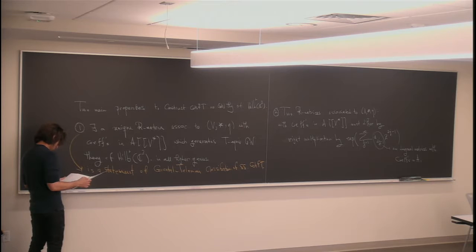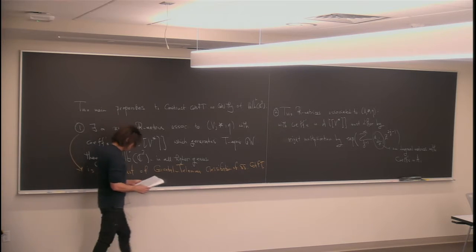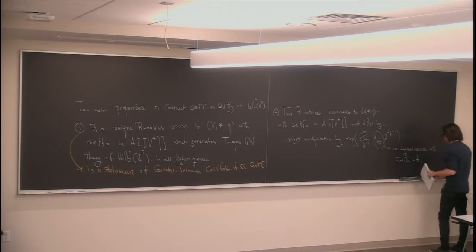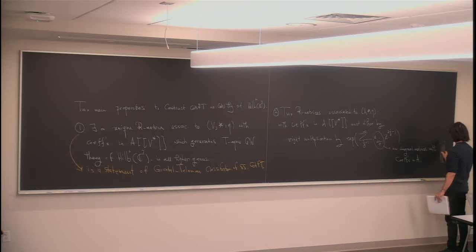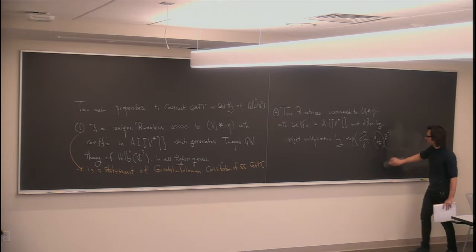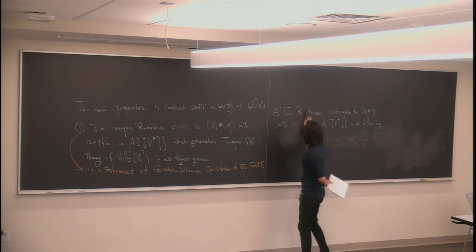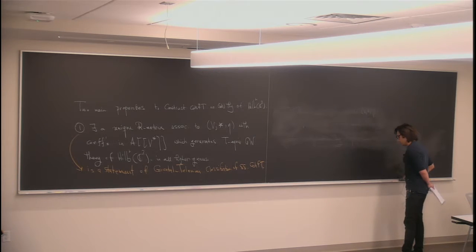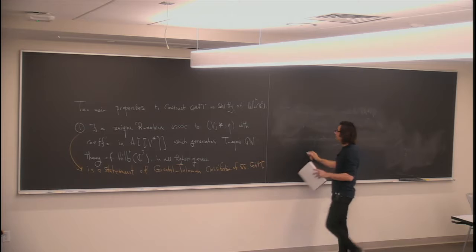So what was the theorem that we wanted to prove? I guess I called it theorem 1 or something. So here's the theorem we want to prove. I mentioned it last time, but I write it again.